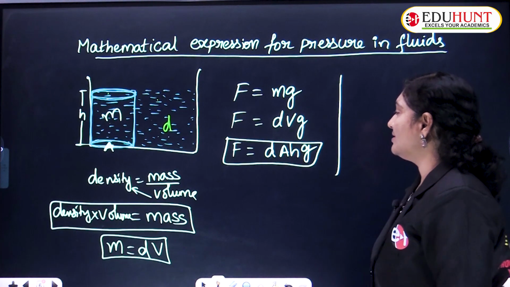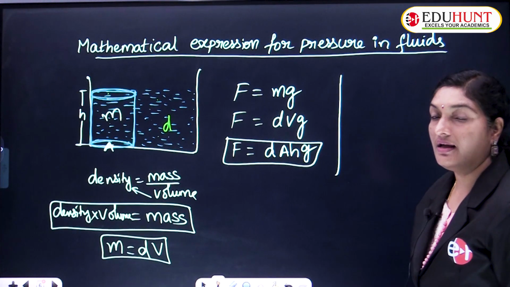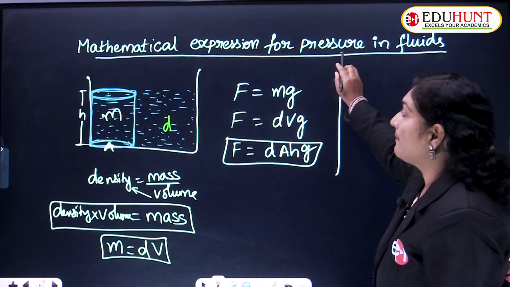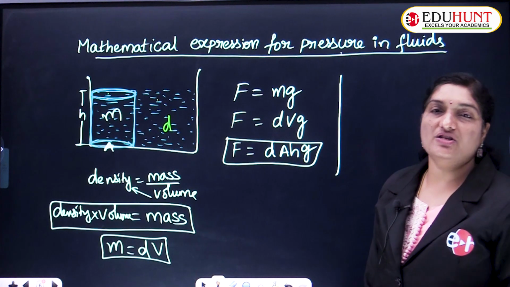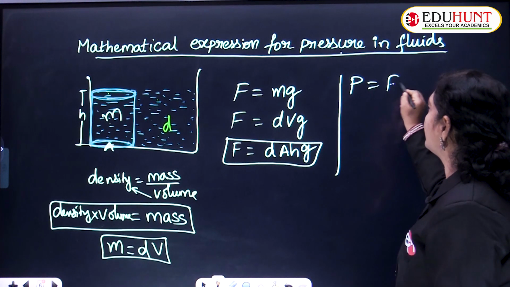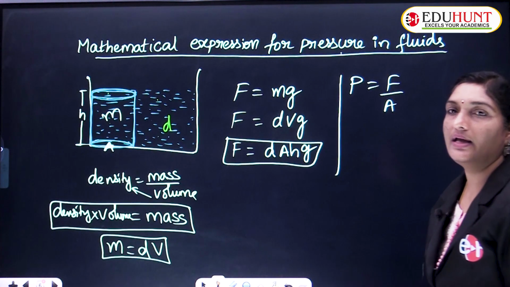So if F is equal to dAhg, what is the value of pressure? Because we want to find the mathematical expression for pressure inside the fluid. What is the formula for pressure, children? Pressure is generally given as force upon area.